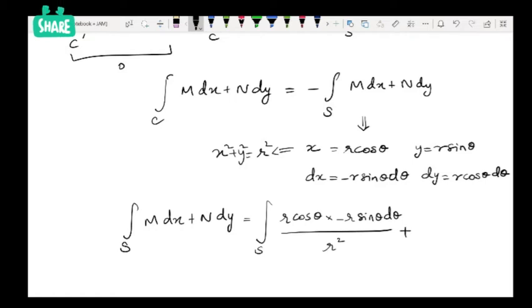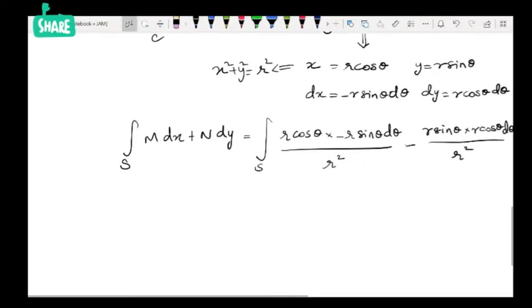So minus r sin theta times r cos theta d theta divided by r square. Actually both terms are the same, so I'm going to add them now. So this is the integral over S of minus 2 sin theta cos theta d theta, because the r squares are getting cancelled.